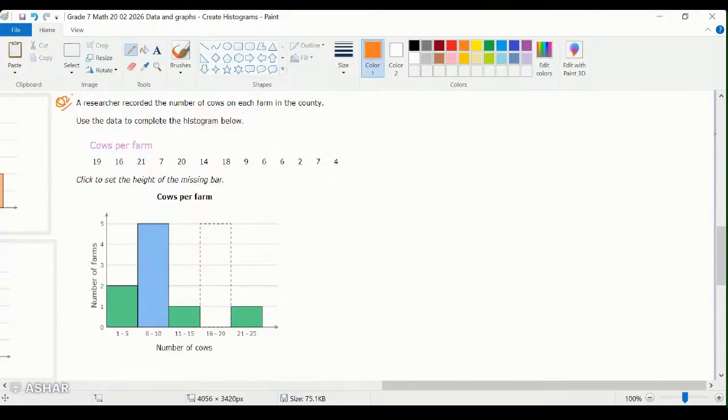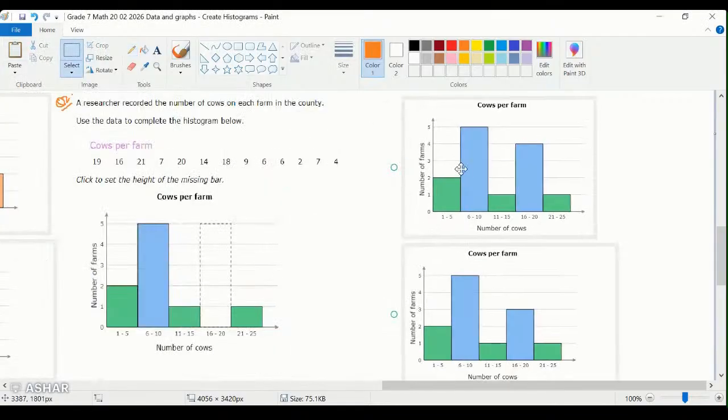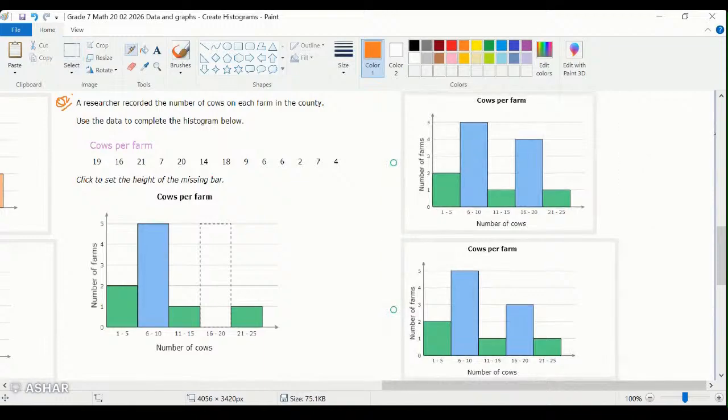There are two options given to us, and we select one from the given options. Let's highlight this as option A, option B.